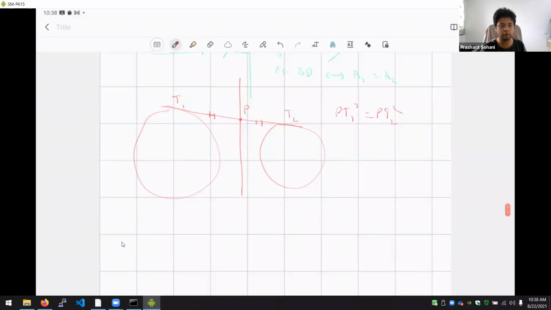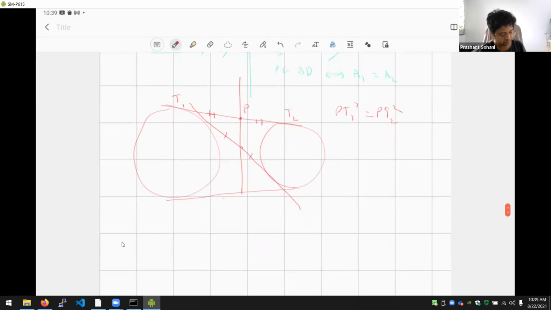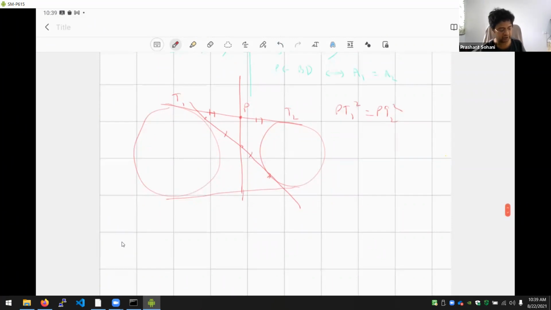And this is true for all the four tangents. You have two direct tangents and two inverse tangents. For all the four tangents, as it turns out, the radical axis bisects those four segments. So this is one important corollary which I think we didn't properly mention earlier.